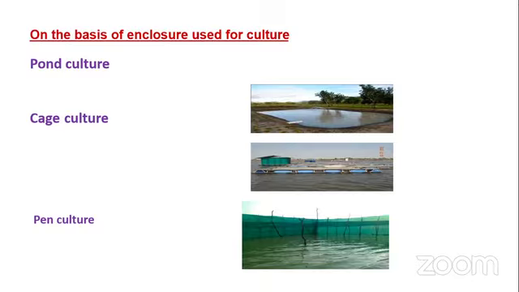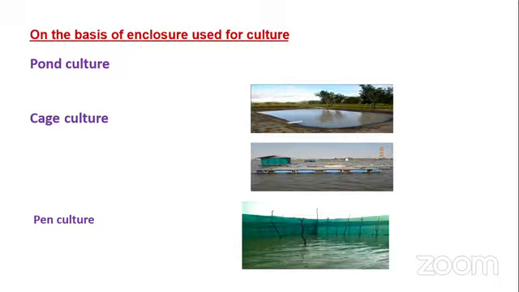Then there's the integrated culture system also, where we can utilize the waste of one as a beneficial input for the other. Now, on the basis of enclosure used for culture, there are basically three types. The first is pond culture. As you can see in the picture, there is an earthen pond. This is the best system for farmers, and you can get good production of fishes.